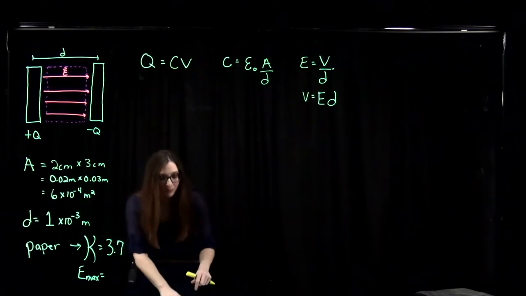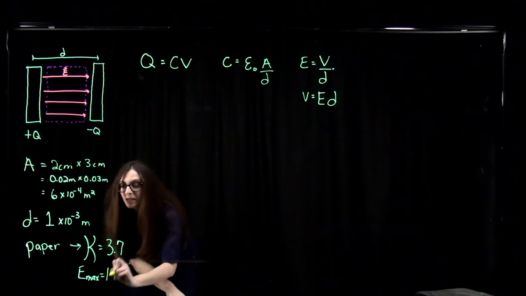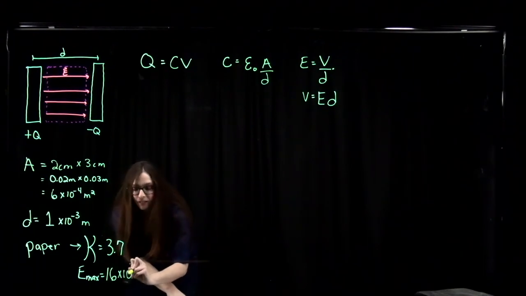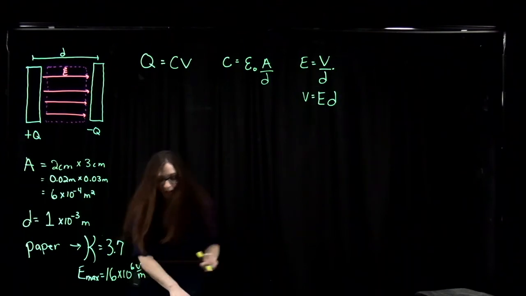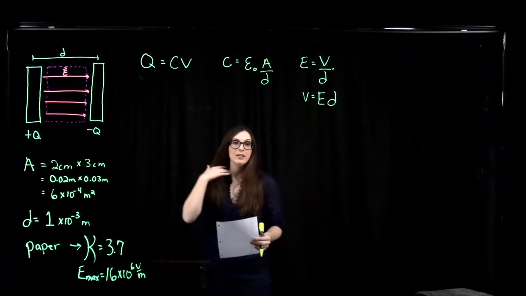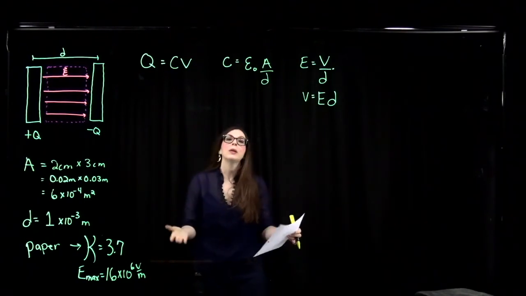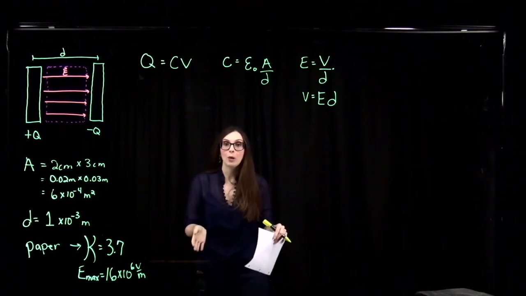And that maximum electric field is 16 times 10 to the 6 volts per meter. And that's something you'll have to also look up in a chart if required in order to solve this problem, let's say, on an exam or on a workbook problem.